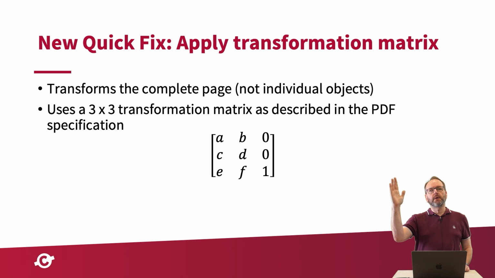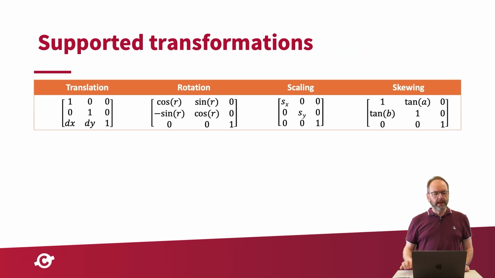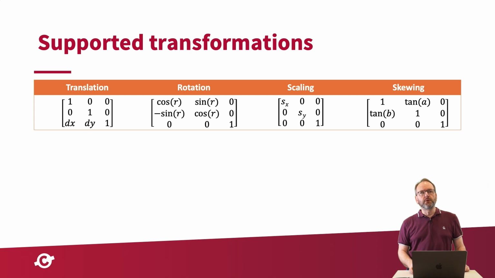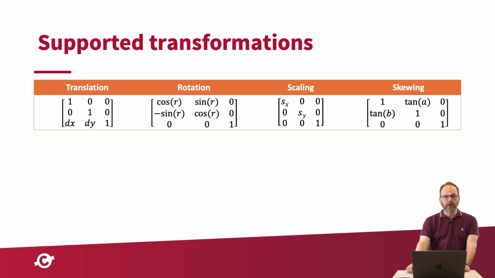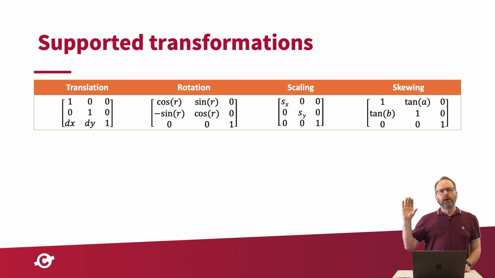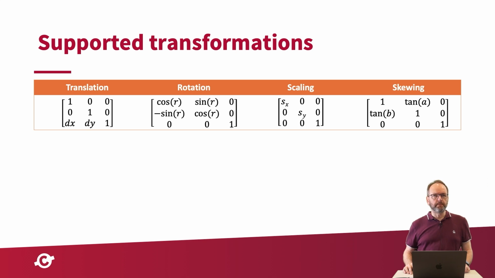The last column is always 0 0 1 in a 2D transformation matrix. And then if you want to get an idea of what you need to do, and luckily there are websites that can help you with some of this, this is how these matrices look for moving objects, what is here called translation, or a rotation around an angle, or a scaling, or this nice skewing that you saw in one of the examples as well.